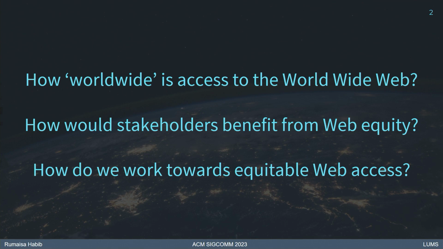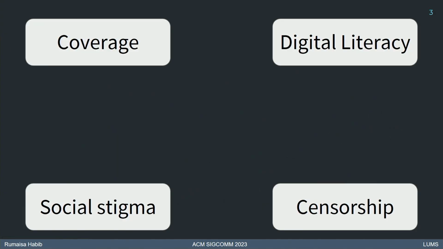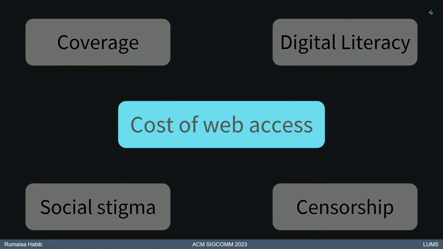Let's talk about that first question. To understand it, we must address the key barriers that are limiting people from viewing the internet. There are a bunch of them, such as digital illiteracy and censorship. But the barrier that we focus on in our work is the cost of web access.